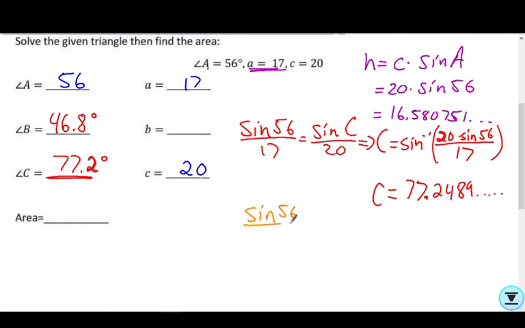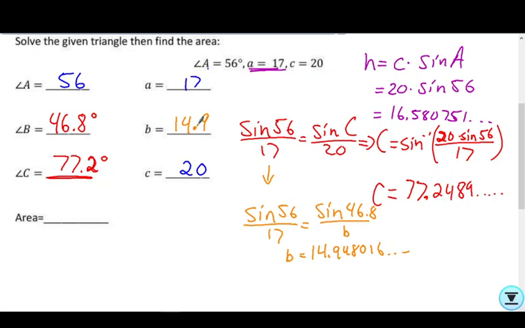Sine of 56 over 17, the exact same ratio we used in the first one, but this time we're solving for side B, so it's going to be sine of 46.8 over side B. Then we cross multiply and divide, and B is 14.948016..., which means this is going to be 14.9.